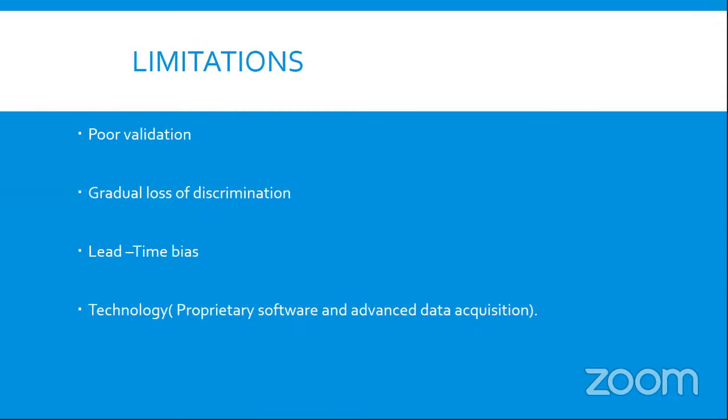These scores are likely to be subjected to contemporary activities, high-tech technologies, and what they call lead time bias, where somebody presents with a disease, and when it is discovered, or when the screening is done, or when the patient clinically presents with symptoms of the disease, that time lag differs.